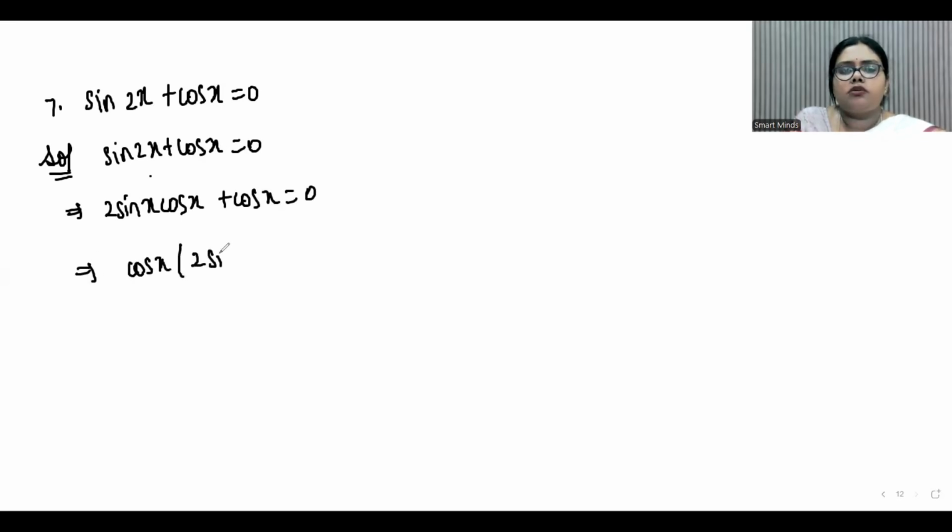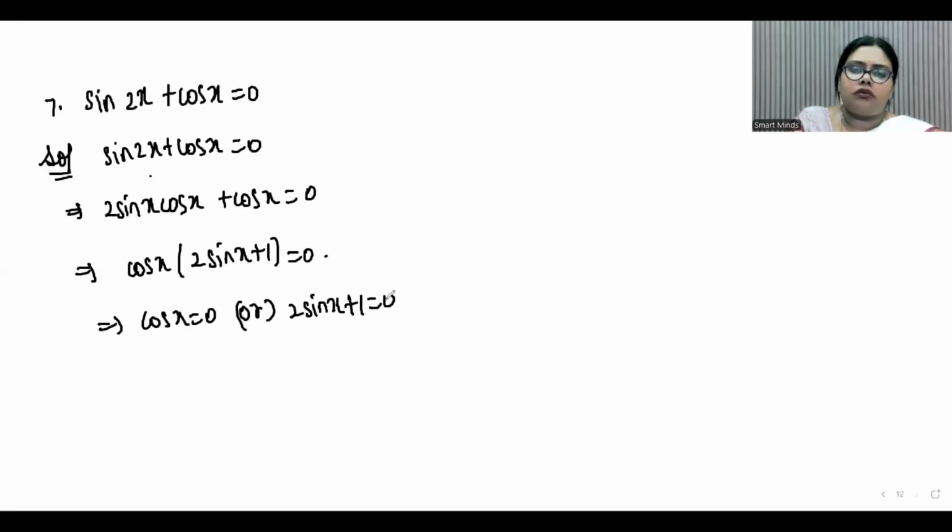You will get cos x into (2 sine x plus 1) equals to 0. So either cos x equals to 0 or 2 sine x plus 1 equals to 0. So cos x equals to 0 or sin x is equal to minus 1 by 2.